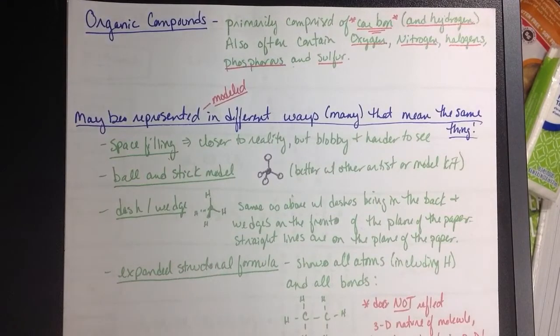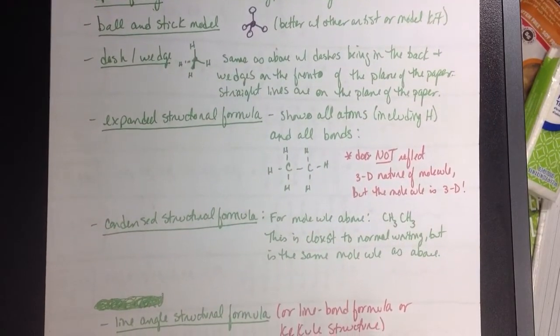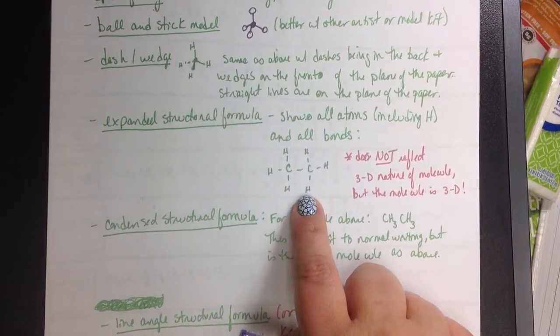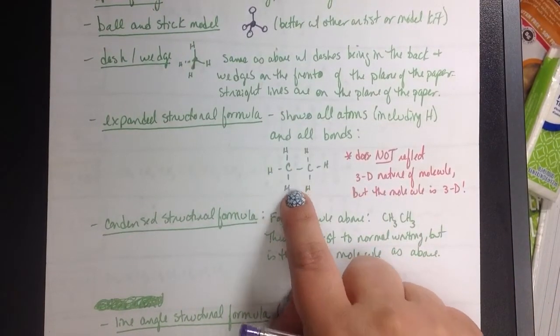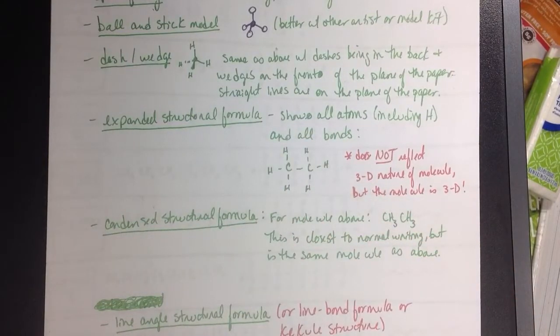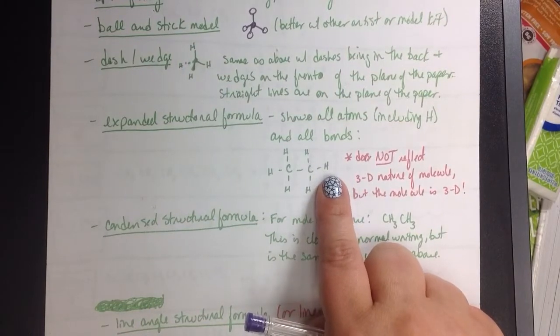We can then talk about different ways of drawing things on paper as well. This is known as the expanded structural formula. That shows you that all carbons are present and where all the hydrogens are present also. Even though this is how we show them to just be able to see all of the atoms, it's important to note this is not how things are actually represented.